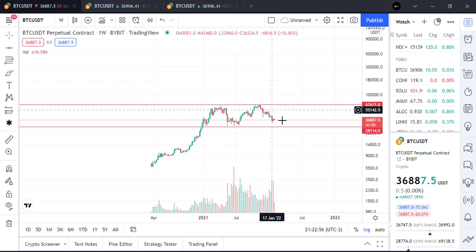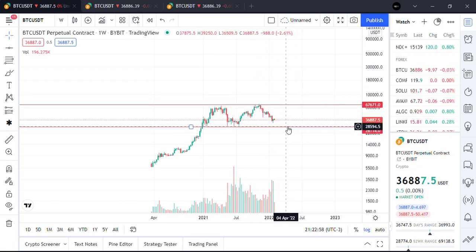So if price touches this level again, we'll be seeing an upside. This level I think is around 29k dollars. So BTC might be seeing $29,000. Might, it's not something that is certain, but we might see that if we want price to actually go to the upside again.